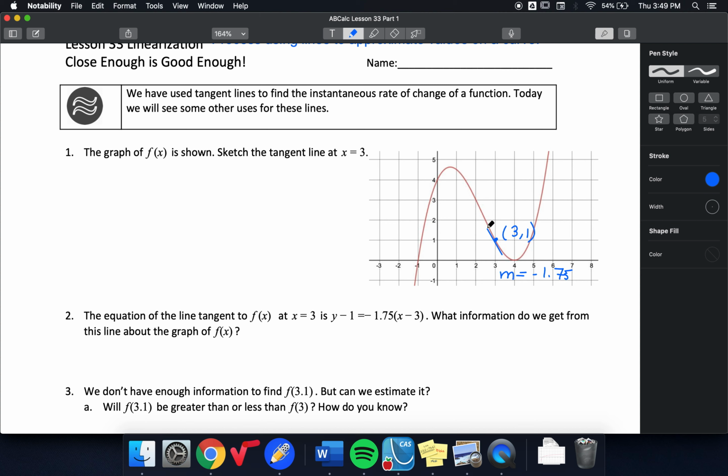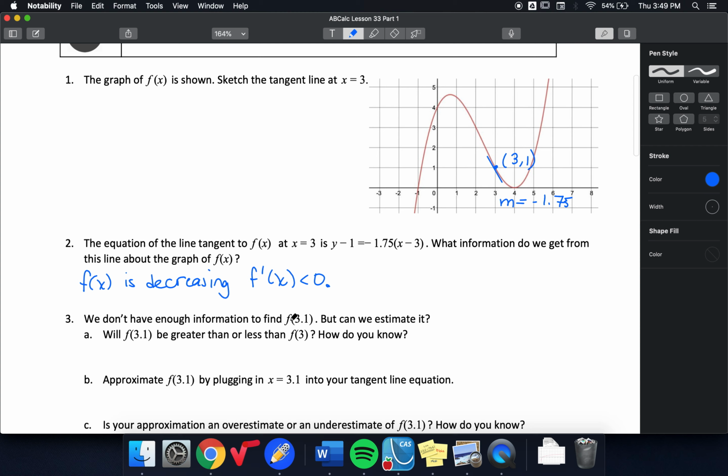Well, I already know that f of x is decreasing at the point (3, 1), and I know that because f prime of x is less than 0. I also know that it goes through the point (3, 1), as I said.